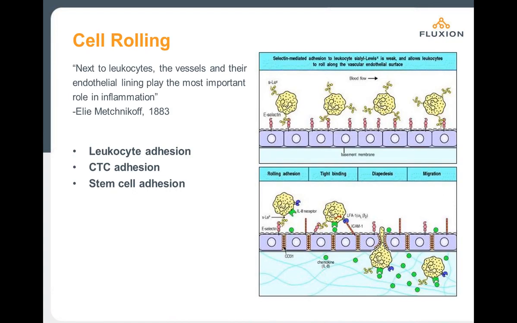Cell rolling has actually become quite popular in the past few years. Back in the 1800s, Eli Metchnikoff, who got the Nobel in, I think, 1908 for cell-mediated immunity, said, next to leukocytes, the vessels and their endothelial lining play the most important role in inflammation.